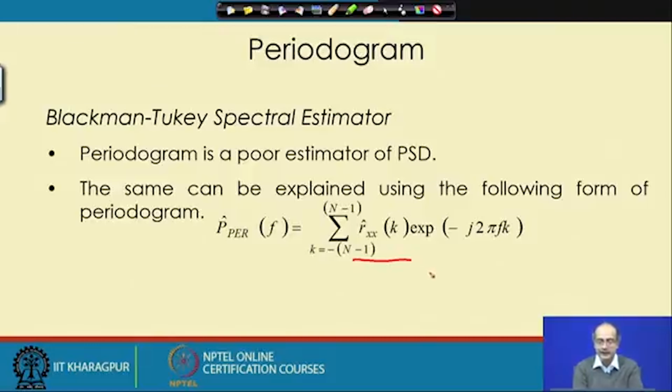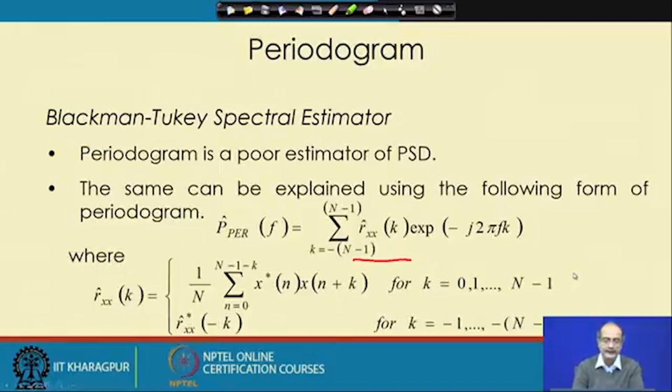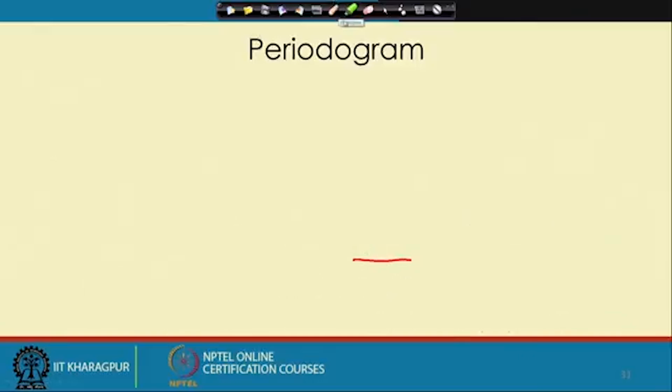We are taking the Fourier transform of the estimated autocorrelation sequence to get the estimate of the PSD. So, that is the source of the problem, and here is the expression of the autocorrelation function.